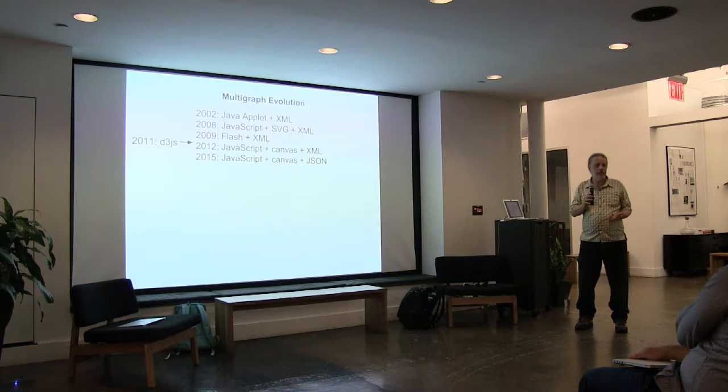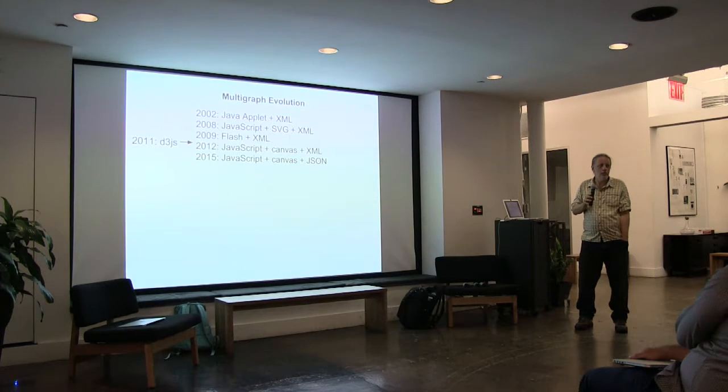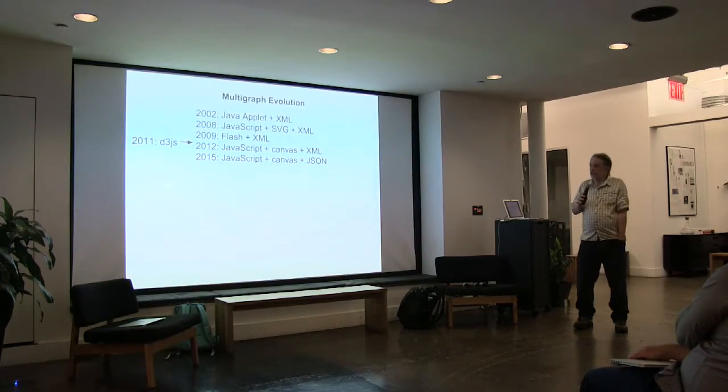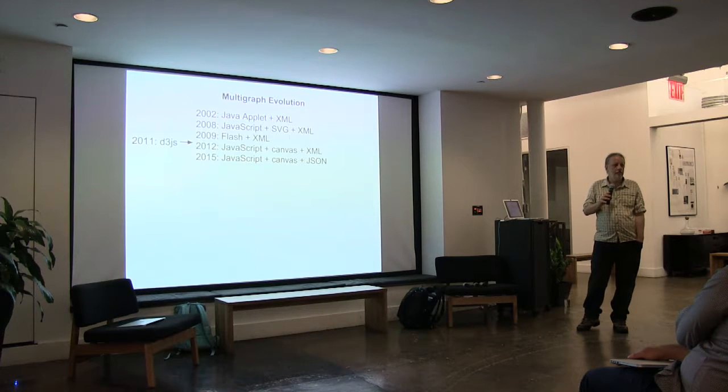Canvas didn't exist, SVG didn't exist, D3 certainly wasn't around. The only game in town at that point was Java, the Java applet. So the original version of Multigraph was a Java applet. And JSON didn't exist as a format then either, at least not as far as I know. The format in vogue at the time was XML, so the original version of Multigraph read XML configuration files and was written in Java.